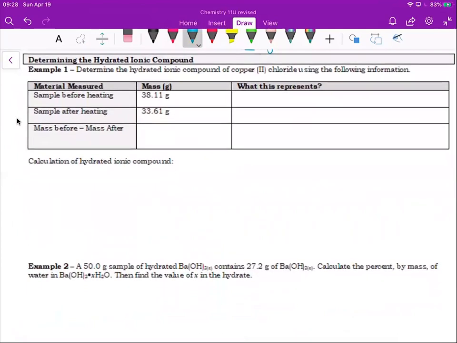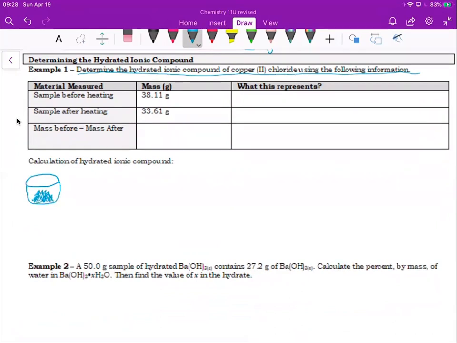Let's take a sample and determine the hydrated ionic compound of copper 2 chloride using the following information. The sample before heating, I'm going to draw it.